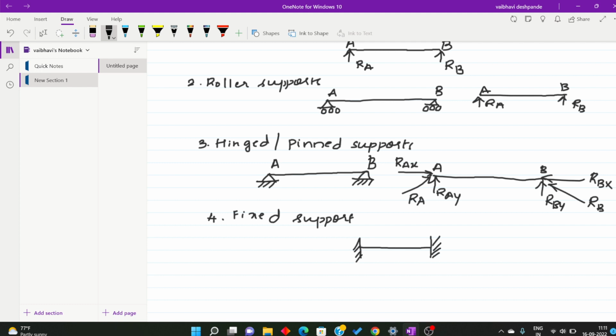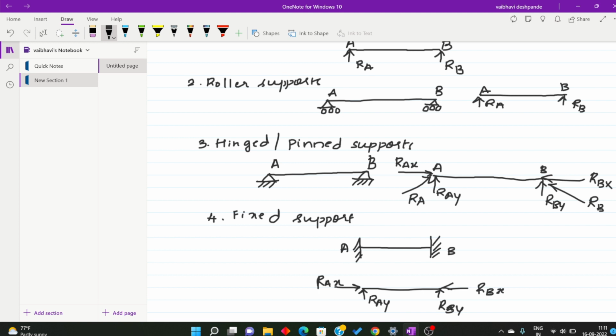This is a fixed support at A and B, and reactions here will be RAY, RAX, RA, RBY, RBX.